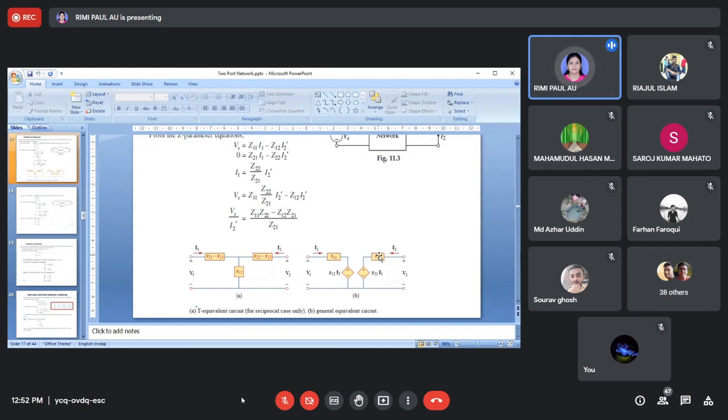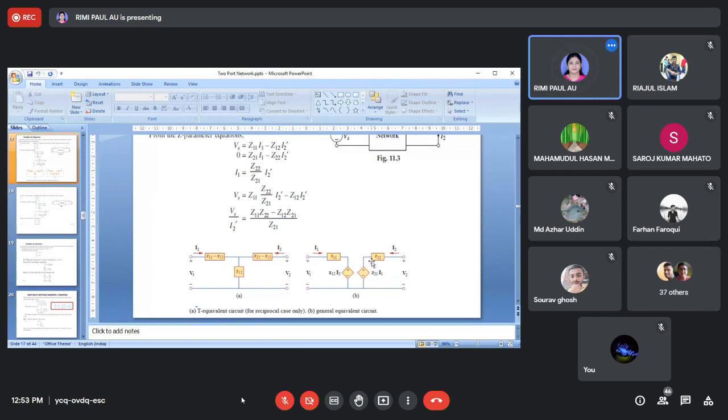So in a general network, if I represent the Z parameter network, we can see there are two dependent sources. Suppose you take a black box, and within the black box one impedance is present, which is Z11, the input impedance. Another voltage source is present, which is Z12 I2.